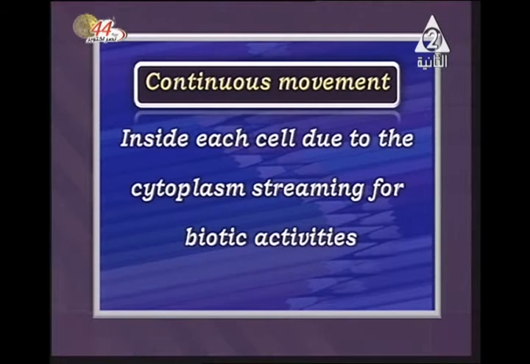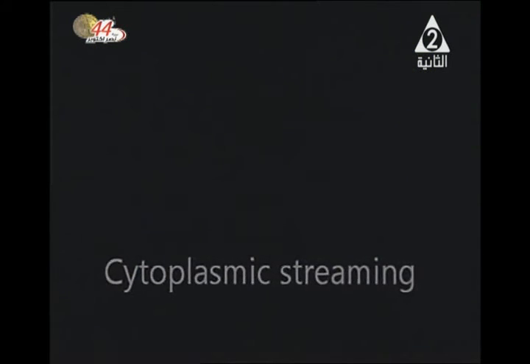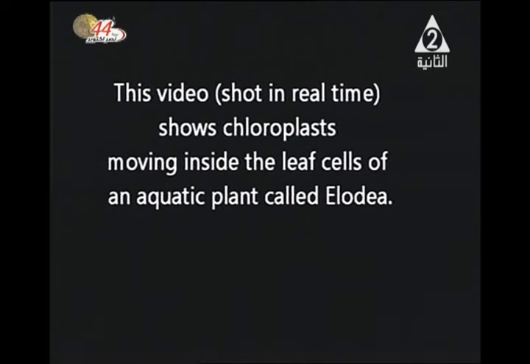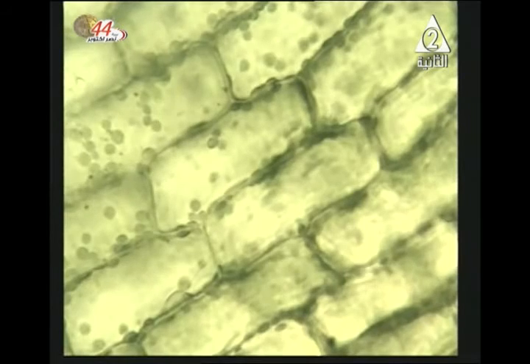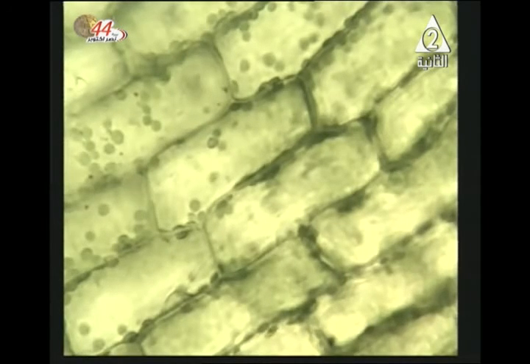Continuous movement, like what? It happens inside all living organisms, due to what? The cytoplasmic streaming for vital or biotic activities. Let me show a video to show that. This is cytoplasmic streaming inside an Elodea plant. You can observe the movement of the cytoplasm. Did you observe it?